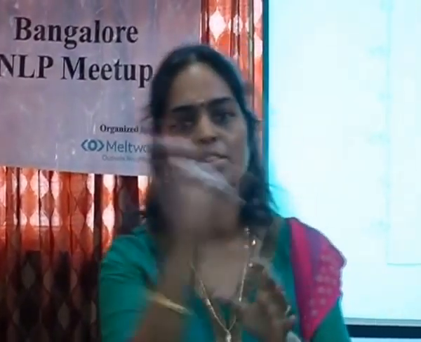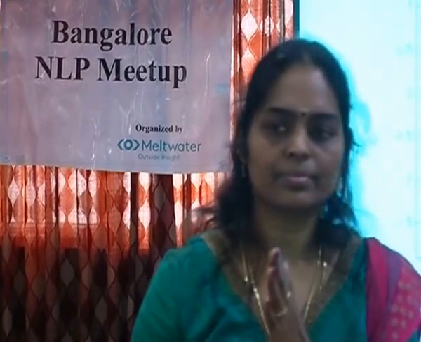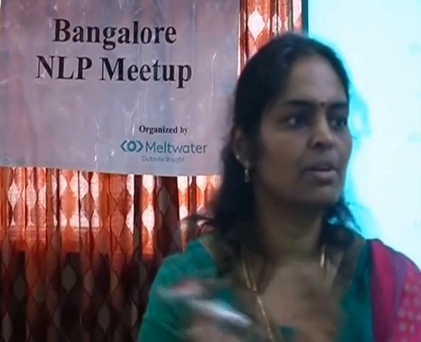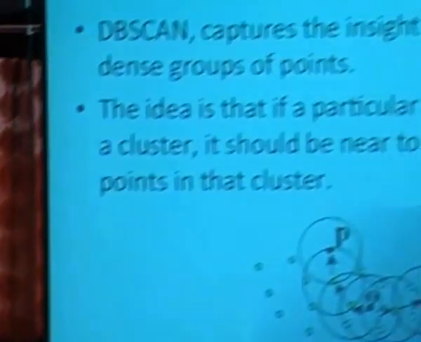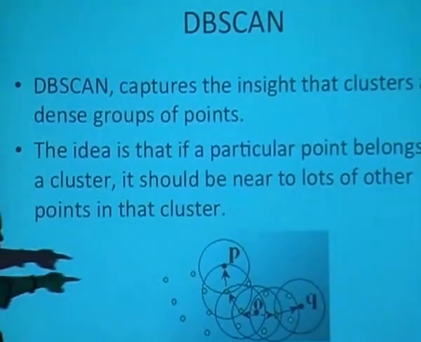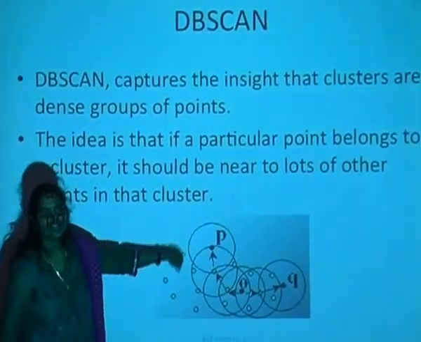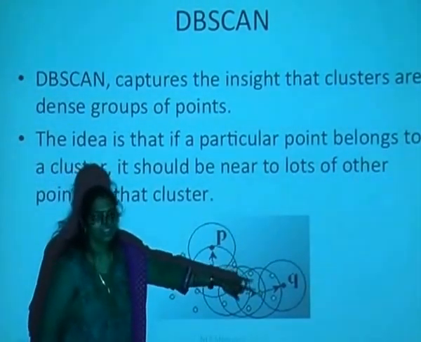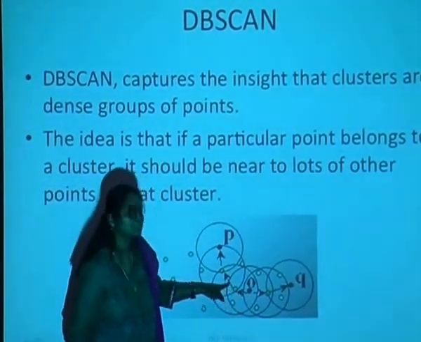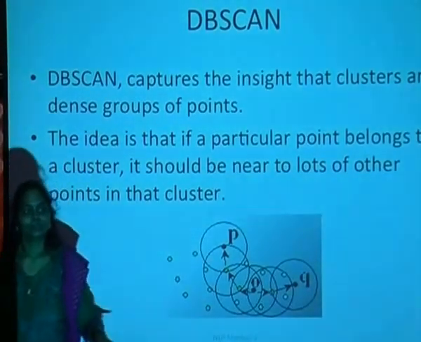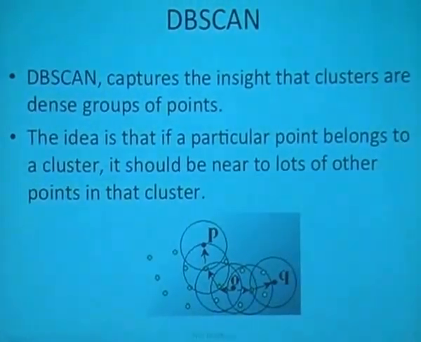A core point is specific to only that cluster, a border point can be part of another cluster, and a point which belongs to neither will be a noise point. So this is my DBSCAN. From the figure you can see that I have an overlap of clusters and I keep moving. This movement is what I am talking about as single linkage, the linkage between the clusters.